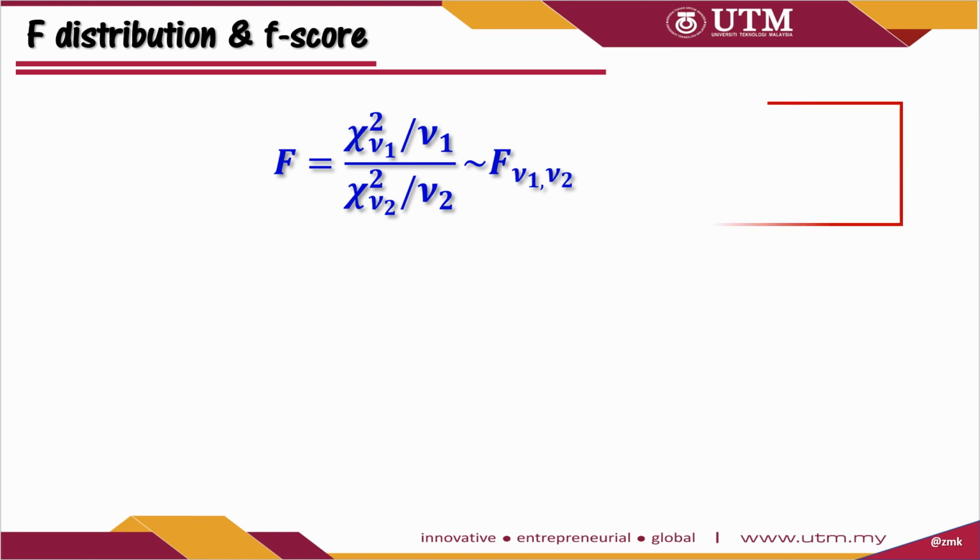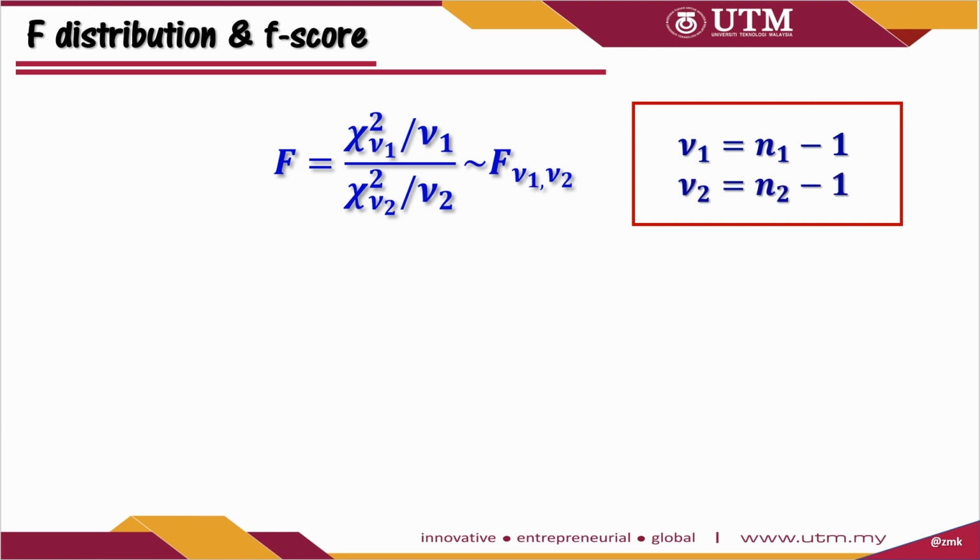Here, nu1 is given as the first sample size n1 minus 1, and likewise nu2 is the second sample size n2 minus 1.